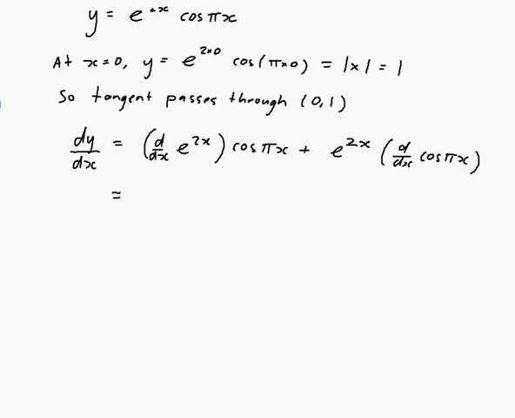So e to the 2x, well, that's chain rule, isn't it? Derivative of e is just e, so e to the 2x, that's the derivative of the outside. Derivative of the inside is 2, so 2 cos pi x, plus e to the 2x times, so the derivative of the outside would be the derivative of cos, which is minus sine of pi x, and the derivative of the inside, well, pi x is just a constant times x, so I'll get the constant, so that's times pi.